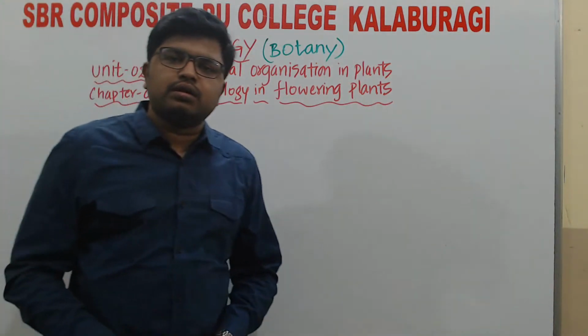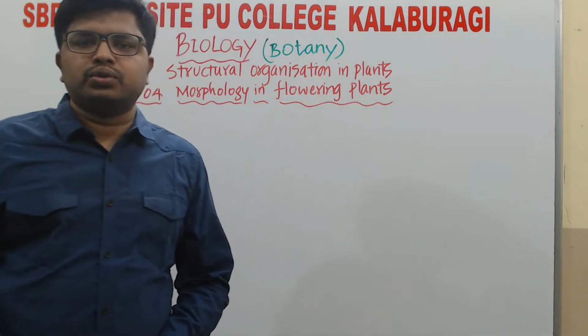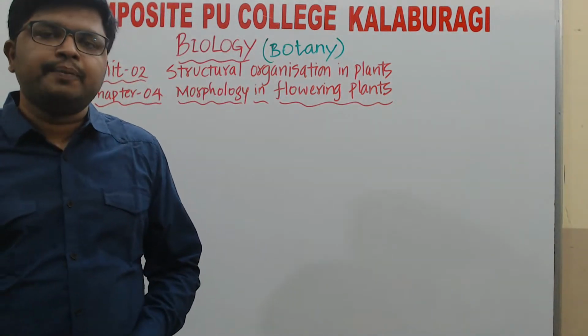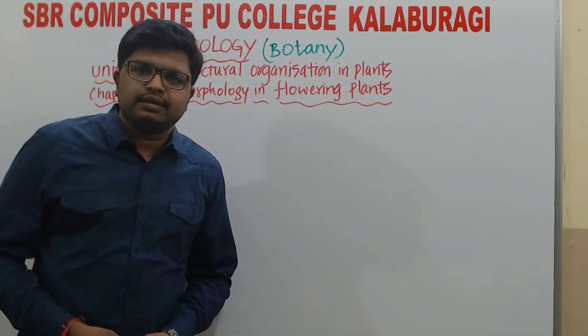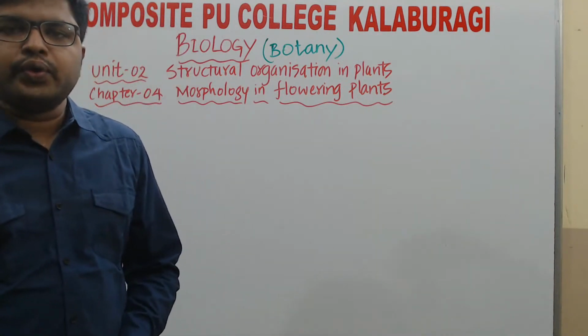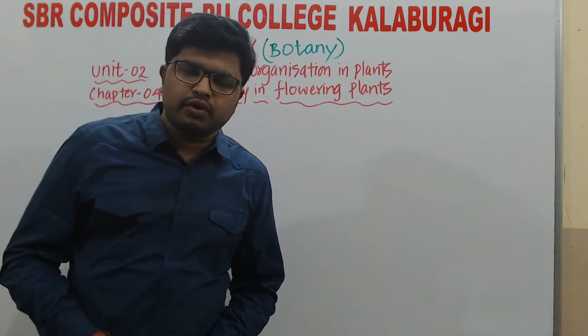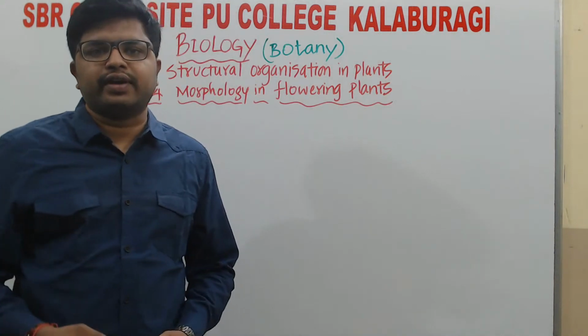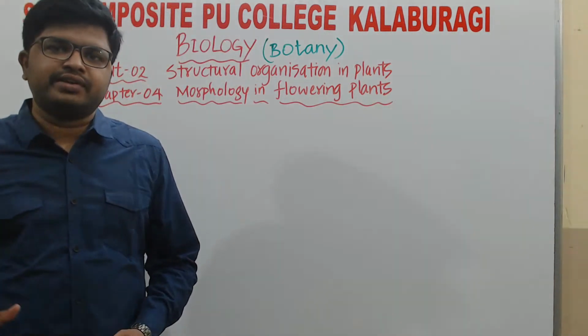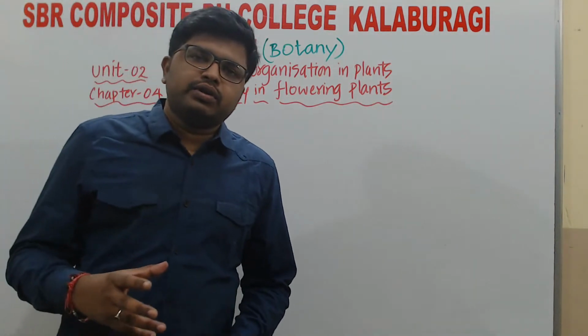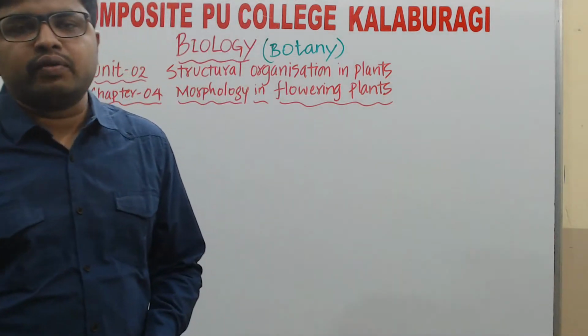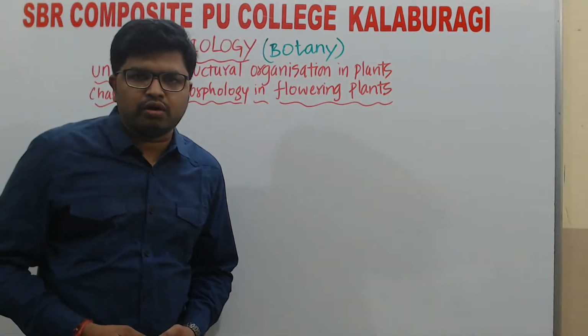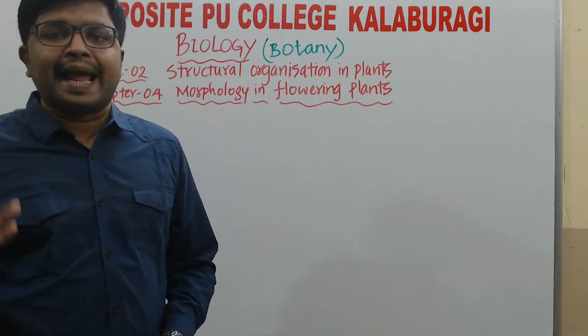Well, students, in the previous chapters, unit number 2, chapter number 2 and 3, we have already studied the taxonomy, how you are going to identify an organism, how you are going to name them, how you are going to classify them. Now it's important to understand one more important division of the plant kingdom.